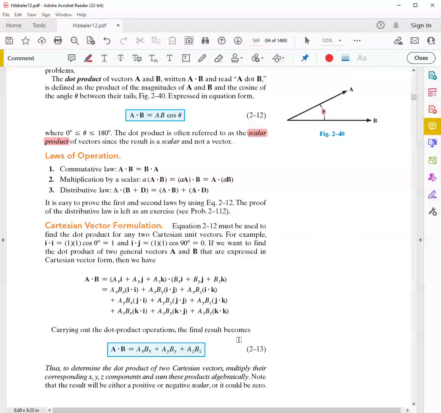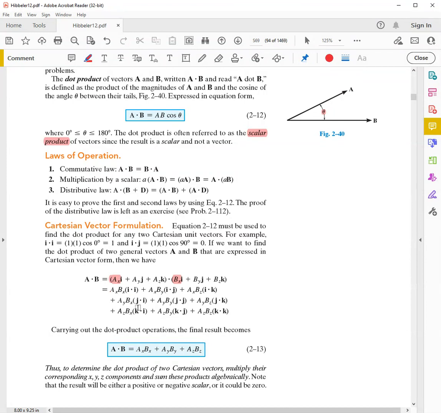In Cartesian vector formulation, if we have vectors A given as projections AX, AY, and AZ, and B as BX, BY, BZ, then we can just multiply them in order. So AX times BX, and then AY times BY, and then AZ times BZ, and then we sum them.